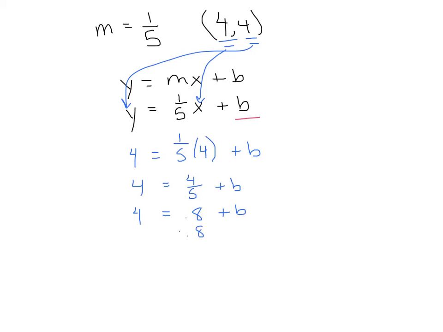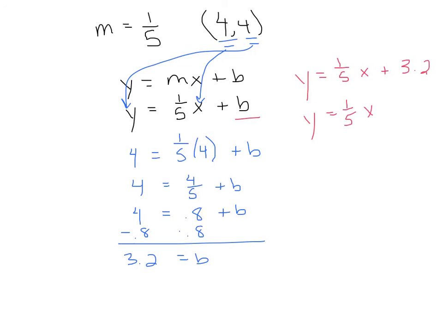We'll solve it, and we get 3.2 is equal to b. Don't forget, change it into y equals mx plus b. The slope we know is 1/5, and now our b is 3.2. Now if you used fractions, which if you did, I'm super happy about, you would have 3 and 1/5.